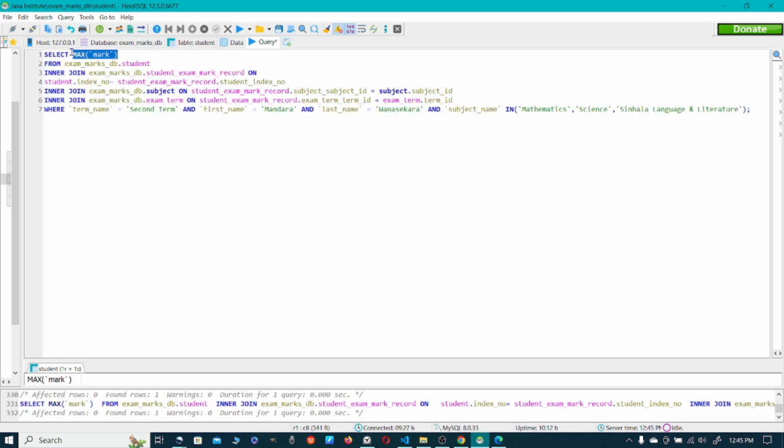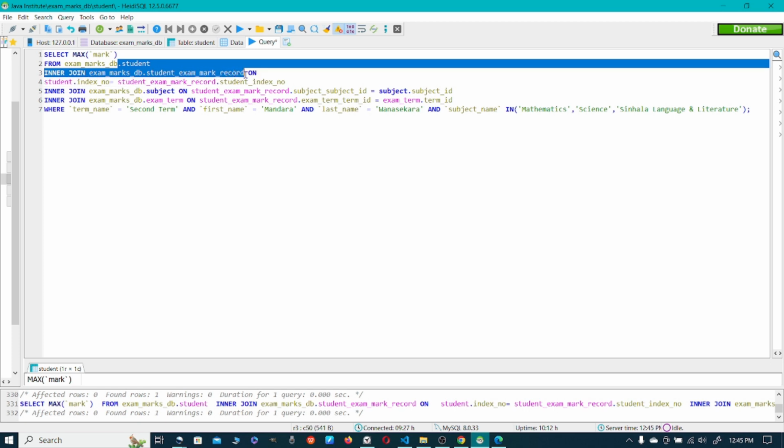As we need to find the maximum mark, we have selected the mark column and have used the max keyword. Moving on, I have joined the student table with the student exam mark record table, so we can access that specific student Madara Wanasekara's index number.